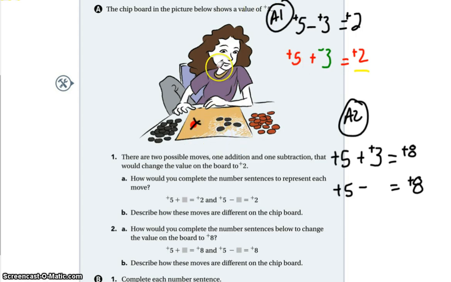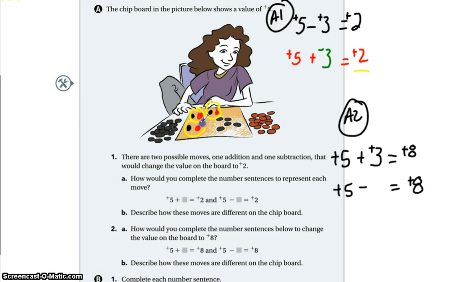Okay, so we're not just simply going to add chips this time. We're going to add what we call a 0 pair, which would be one black chip and one red chip, to where I can have 3 negatives on the board and then subtract those and get a positive 8. So I've added 3 0 pairs.